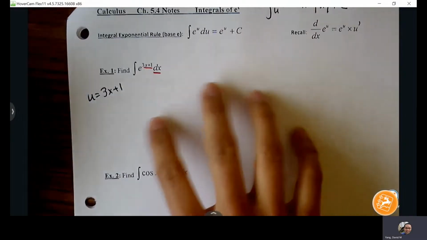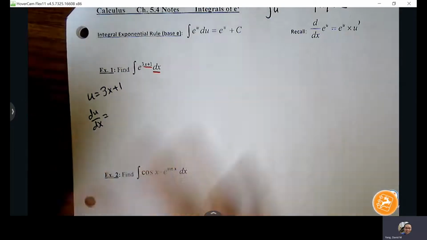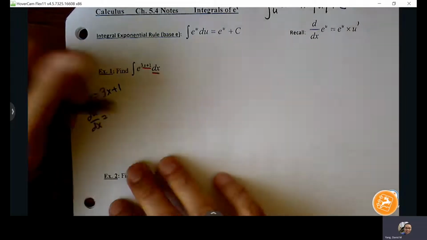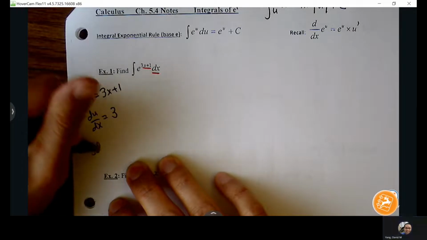Okay, so du dx, we have to find the derivative. Okay, so 3x becomes 3, and 1 goes to 0. Okay, so cross multiply here, trying to solve for dx.